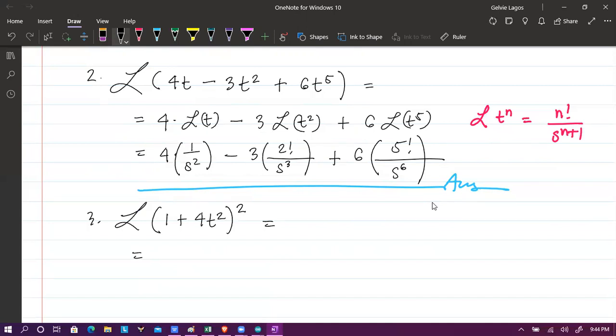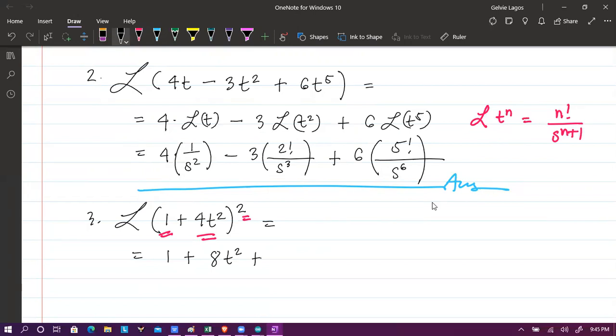So in this case, we are going to square the binomial. Squaring the binomial is just like squaring the first term, plus multiplying the first term, which is 1, by the second term and the exponent, so that will become 8t squared.